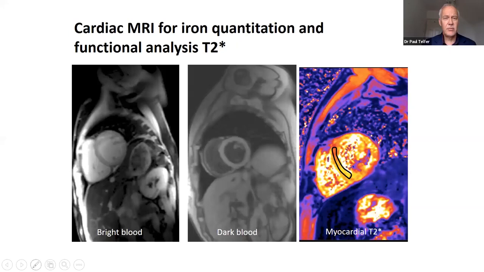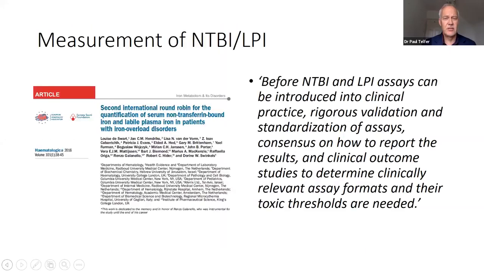So we're going to talk about magnetic resonance imaging. So just one slide back. This is just to reiterate what I've been telling you about the measurement of non-transferrin bound iron and labile plasma iron. There are plenty of research papers where it's been used and where it's provided, particularly LPI, important information about what's going on with chelation and toxicity.